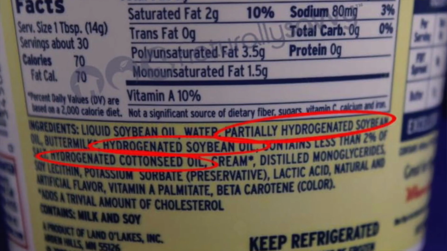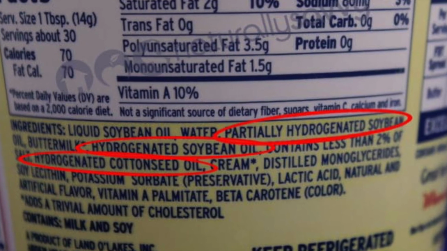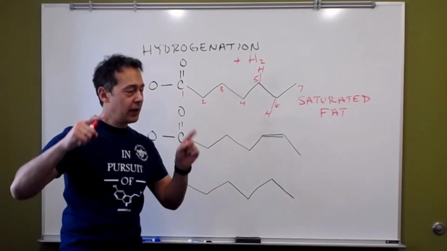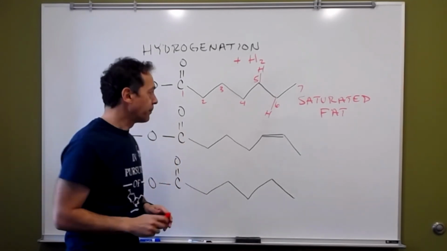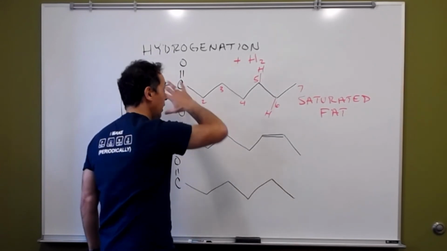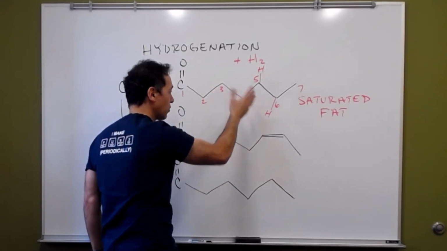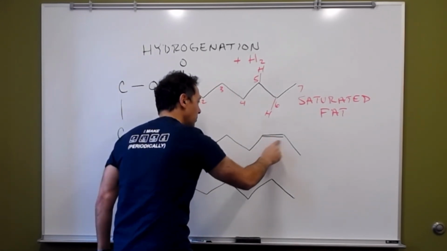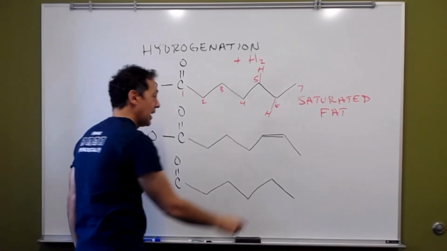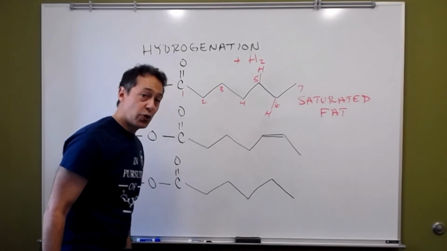Margarine is just hydrogenated vegetable oil, which sounds great, wonderful, right? It's made out of vegetables. That must be good for me. Yeah, but wait, there's a problem. When you hydrogenate a plant oil like this, sometimes these cis double bonds like this, they end up getting converted into trans.